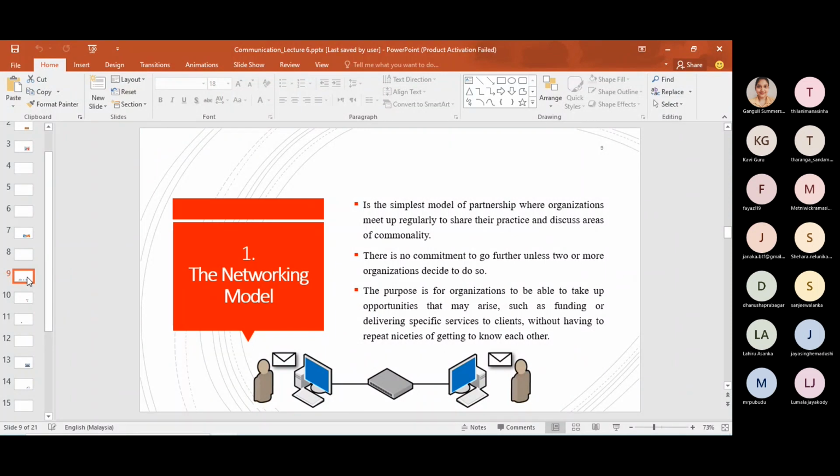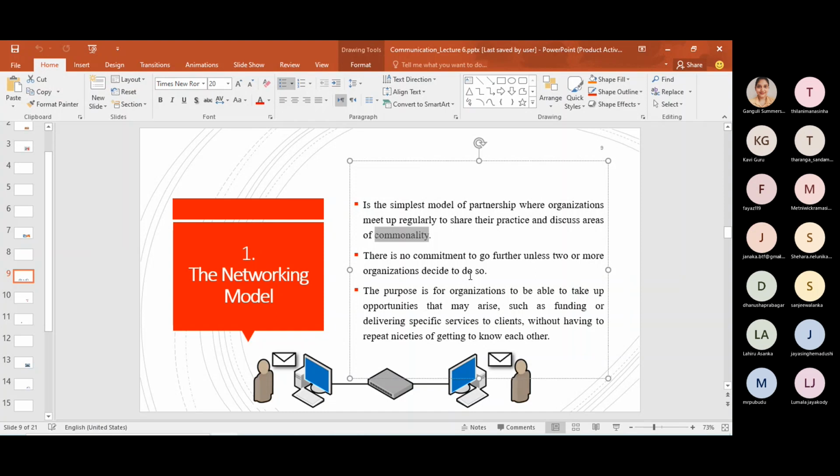In the networking model, organizations meet up regularly and discuss areas of commonality. Areas of commonality means similarities. So they discuss the similar areas that the organizations have.